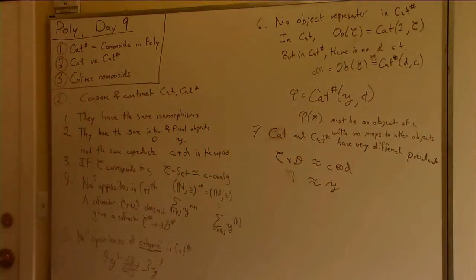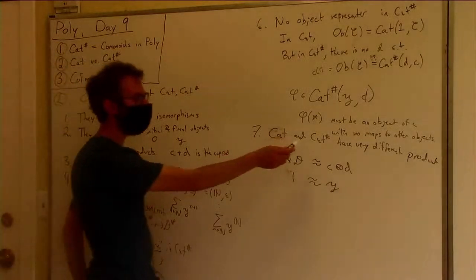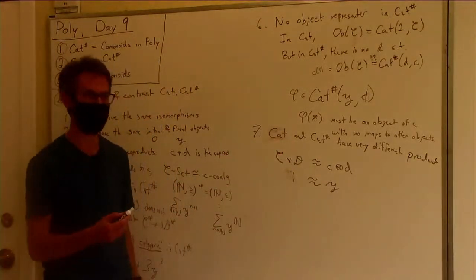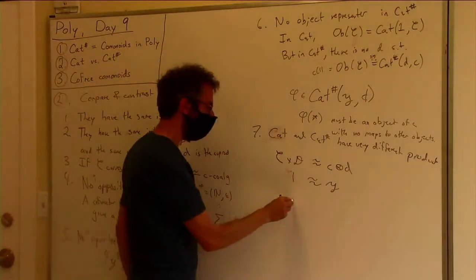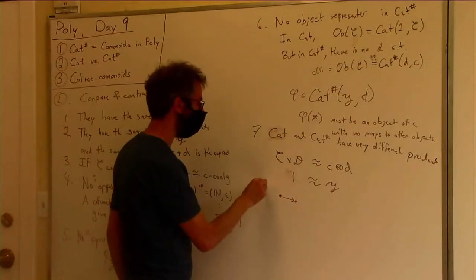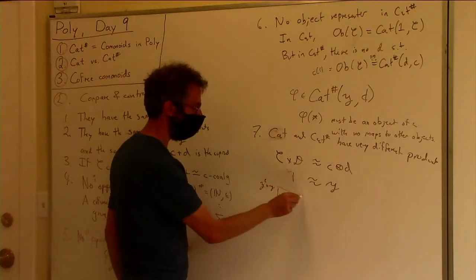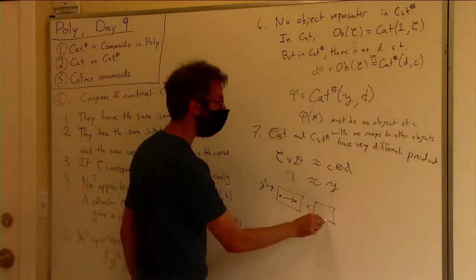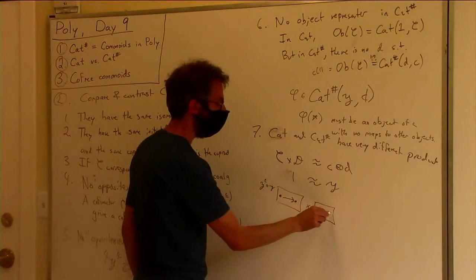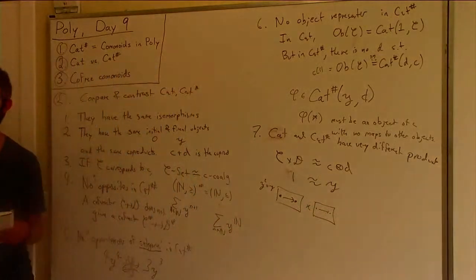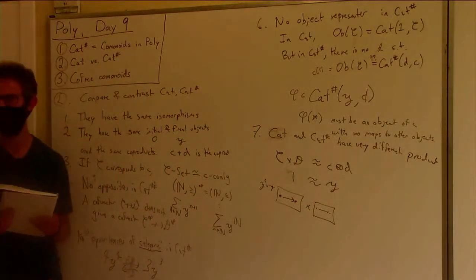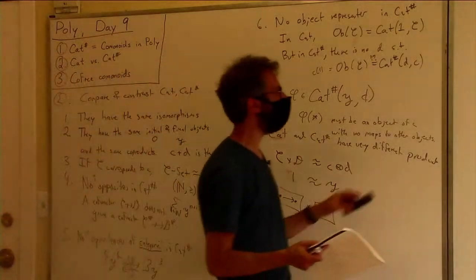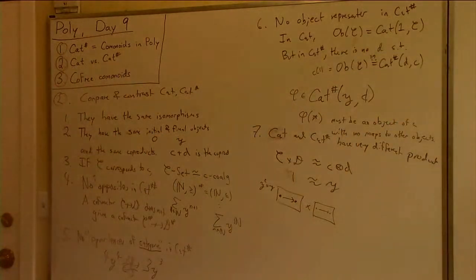We'll see next time that Cat sharp does have products, but they're very weird. For example, if you take the category y squared plus y, the arrow, and you multiply it by itself in Cat sharp, the resulting thing has infinitely many objects. It's going to be interesting.